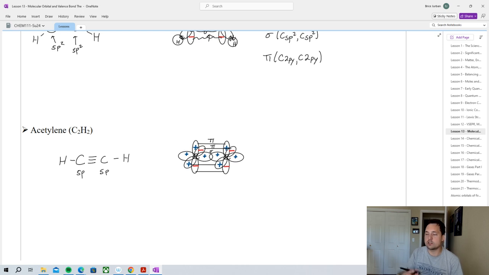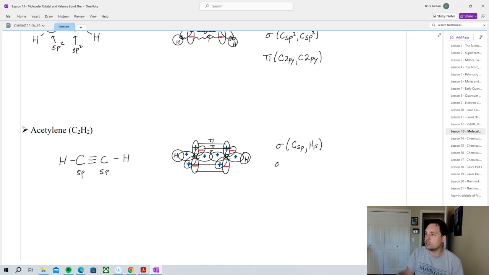And then if we want to describe the bonding that's occurring here, let me first add the hydrogens. So hydrogen 1 and hydrogen 2. All right, we'll start with the hydrogen bonds. We have a sigma bond that occurs between the carbon sp hybrid orbital and the hydrogen 1s.